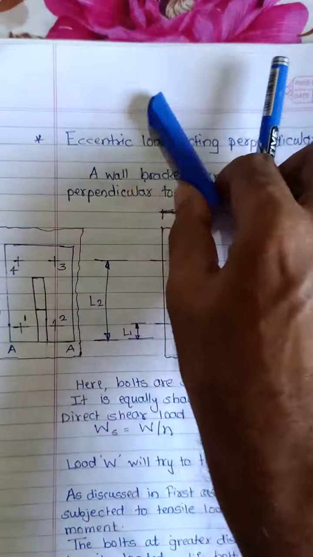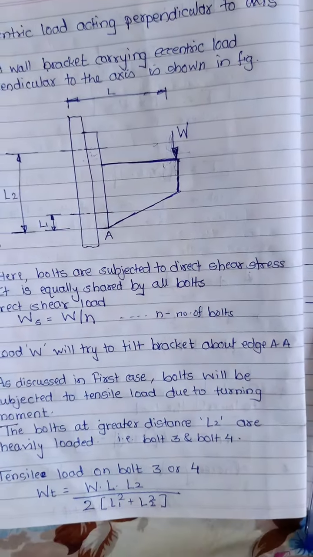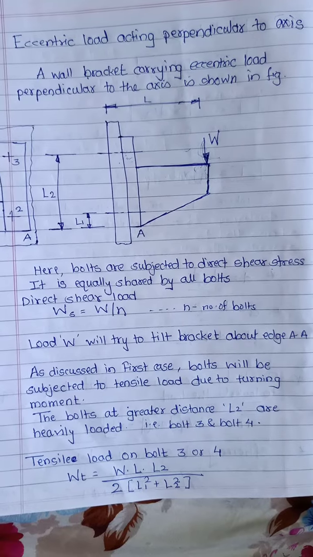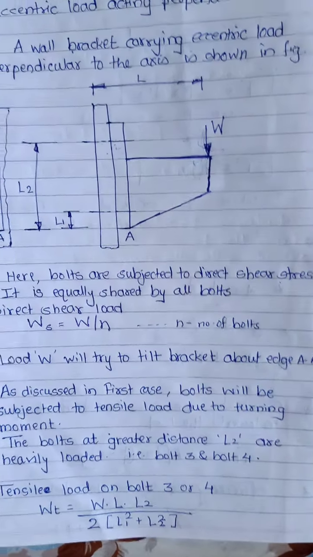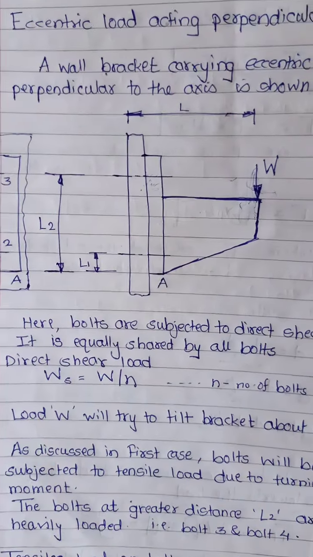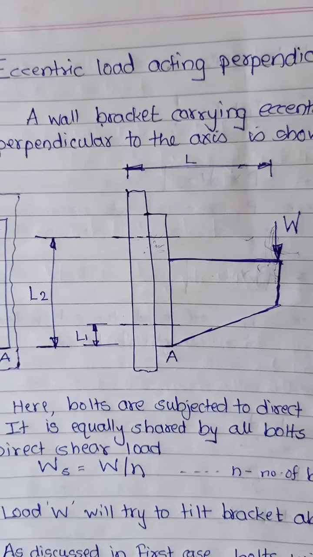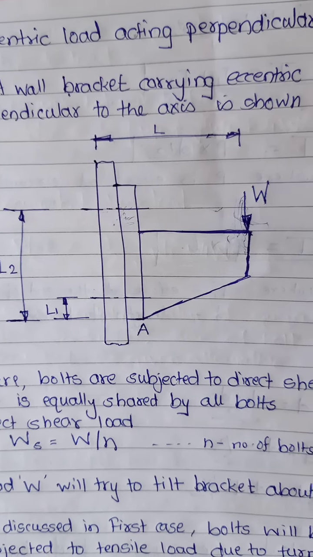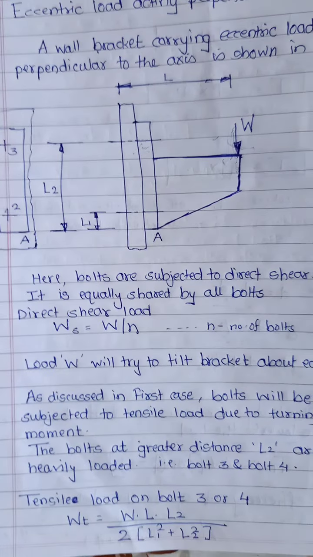Now in this case we have a shear failure. So the primary force acting on all the bolts is a shear force. This direct shear load we can calculate as Ws equal to W by N, which will be equally shared by all four bolts.